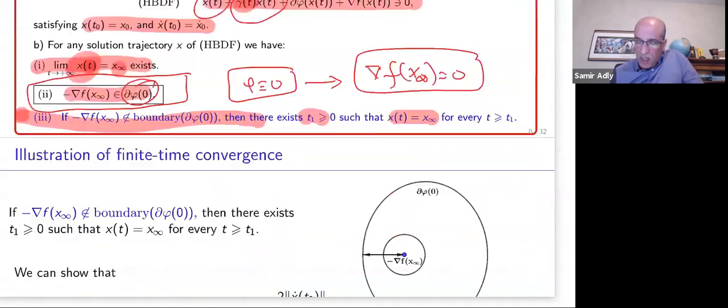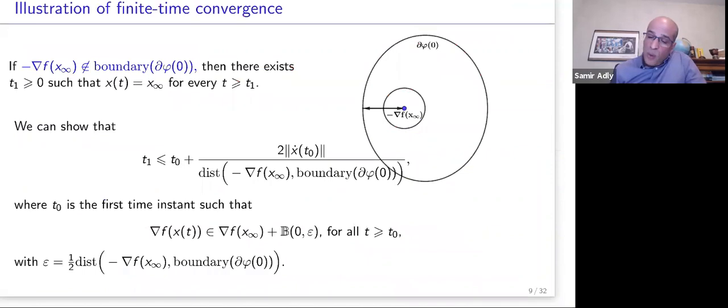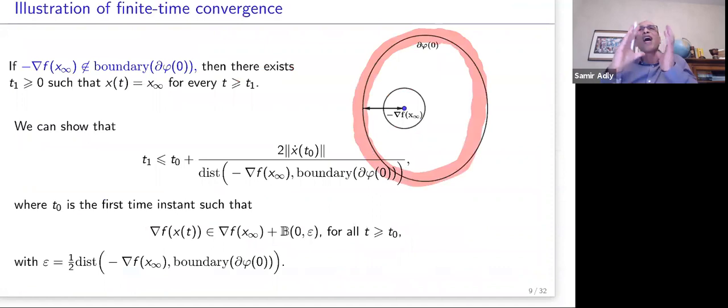I can illustrate this in this figure. We have here the subdifferential of phi at 0. This is a nice convex and compact set. We are in dimension 2. You have a point here that I call minus the gradient of f at x infinity. You are in the interior. It means that there is a small ball here with radius r. So the finite time will depend on how far this point is from the boundary.